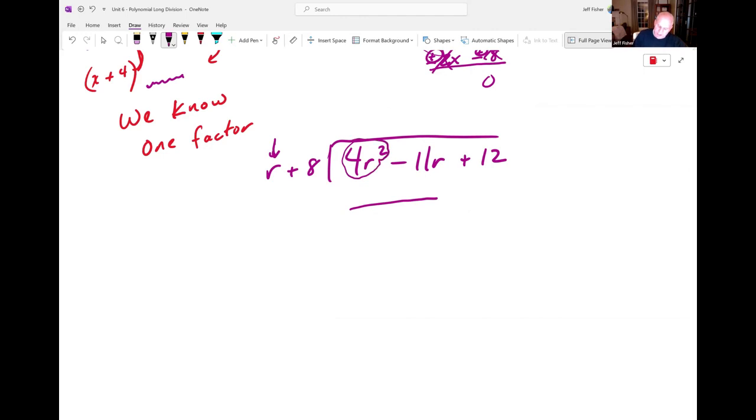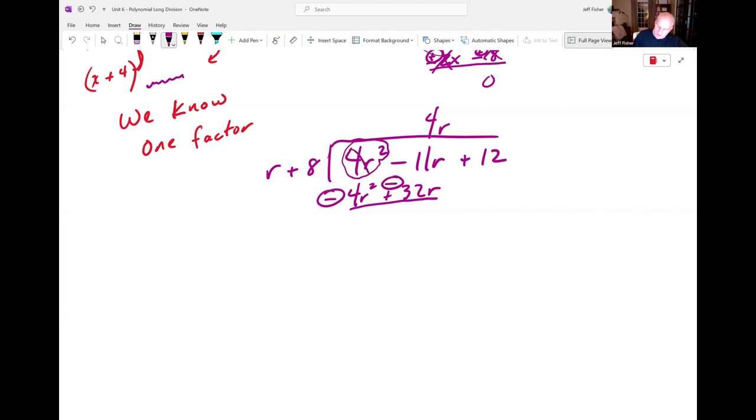Well, we need to multiply it by 4r, because 4r times r equals 4r squared, right? We're going to put this over here. We're going to keep it aligned, the r terms with the r terms. So 4r times r is 4r squared. That's this times this. And then if we multiply 4r times 8, we get a positive 32r, right? And then we subtract.